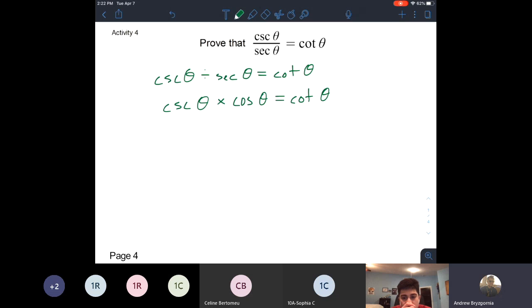Yeah, so not just sine, but a little more specifically, what do we do with sine? One over sine. There we go. So we got 1 over sine of theta times cosine of theta equals cotangent of theta.